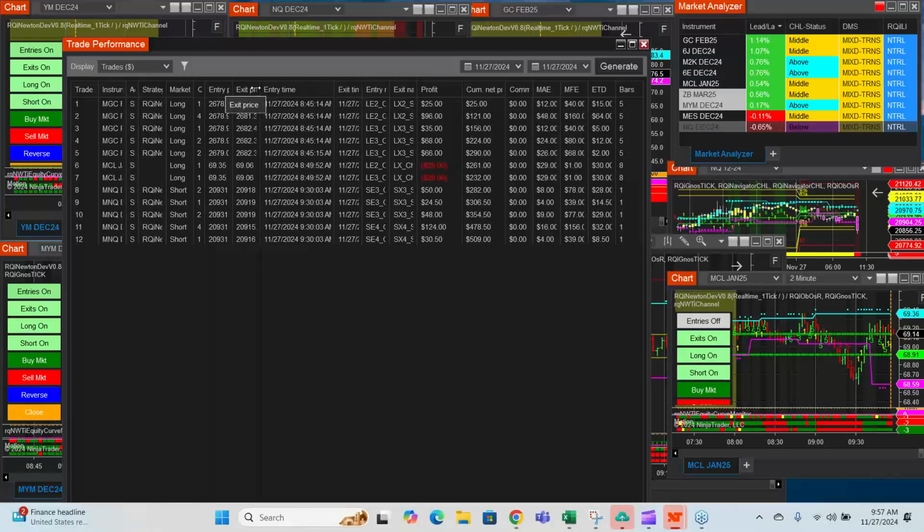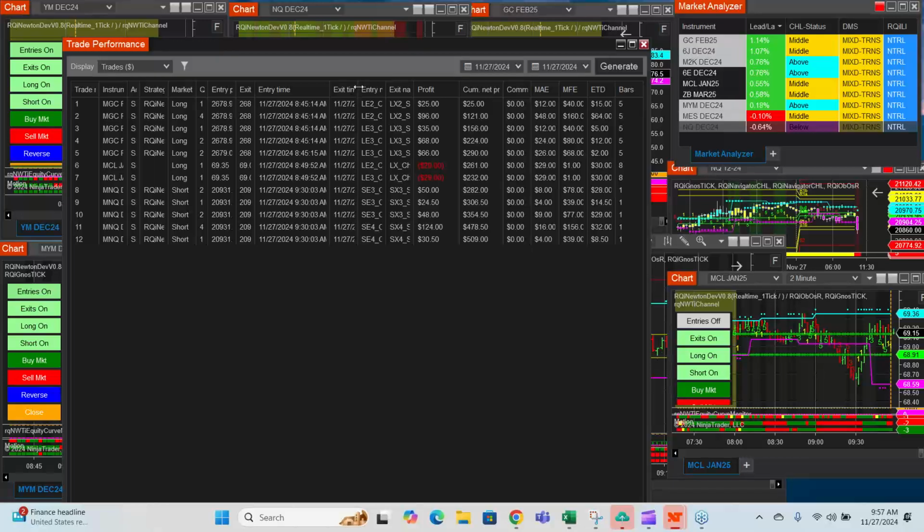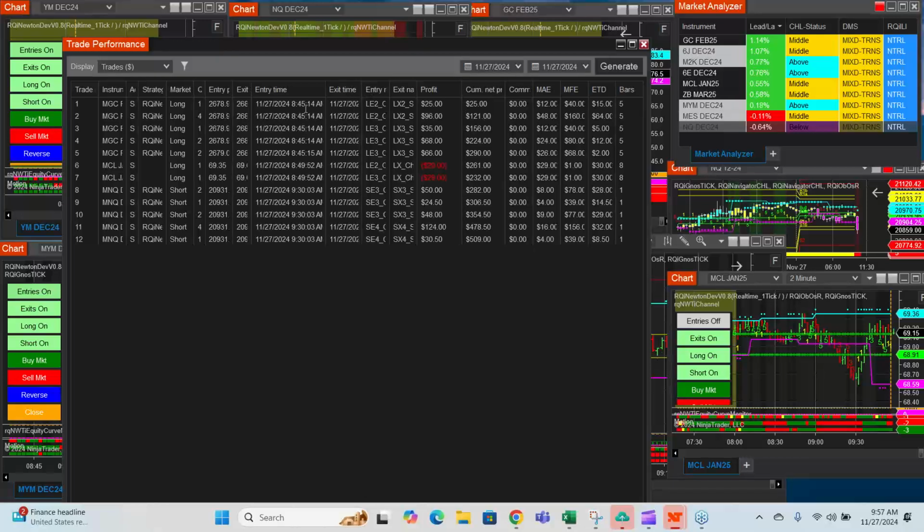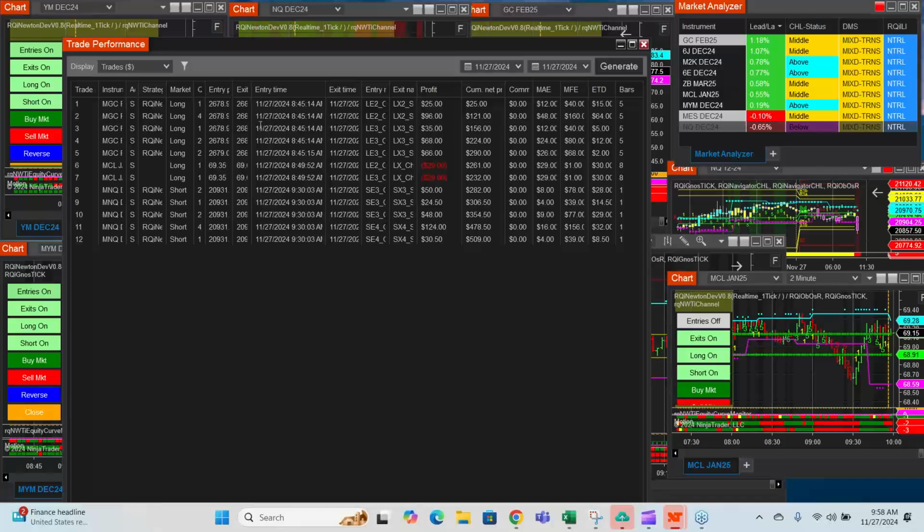See if I can get the time situated better. 8:45, winning trade in gold. Then the crude losing trade, 8:49, and then at 9:30 at the open was the NASDAQ. All these are micros, different sizes, but micros. And total P&L is $509.